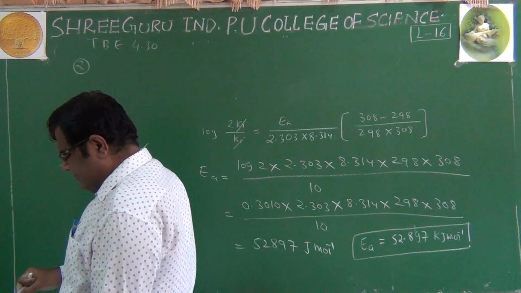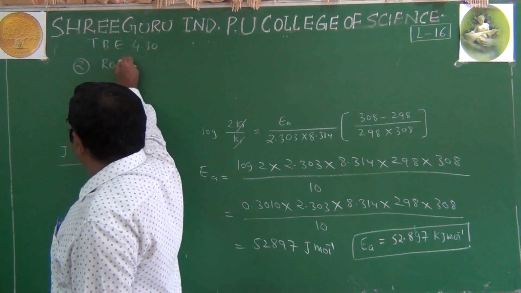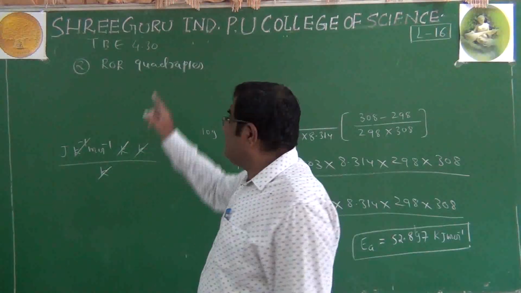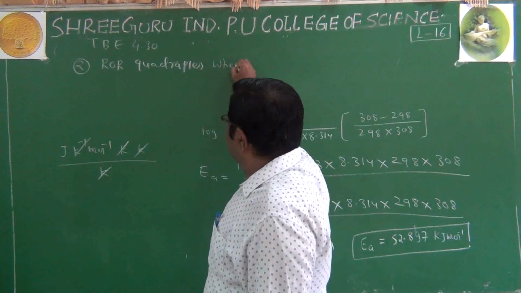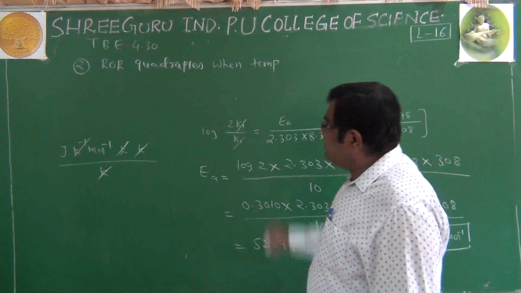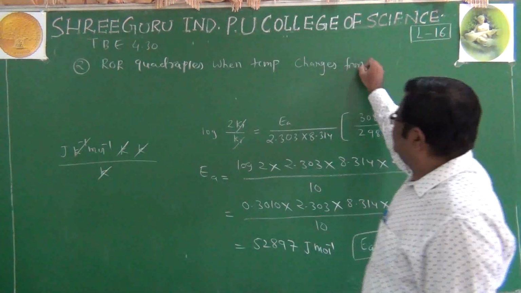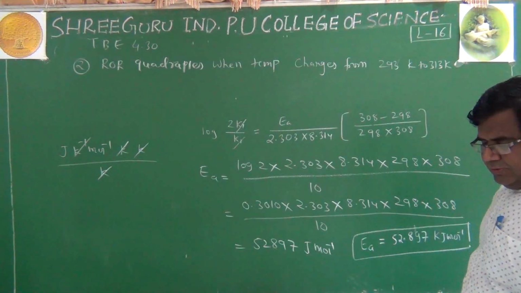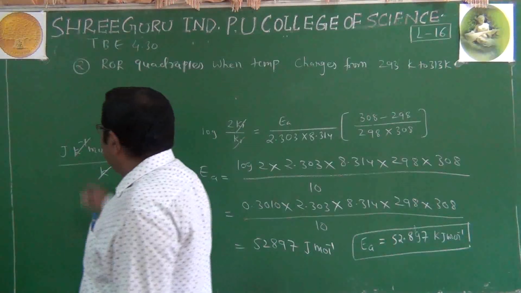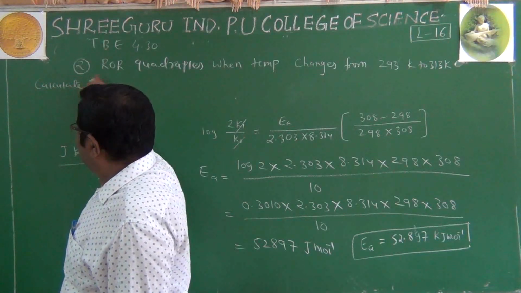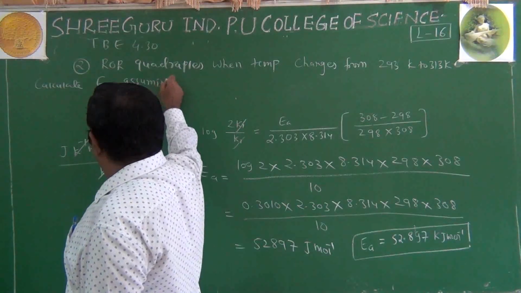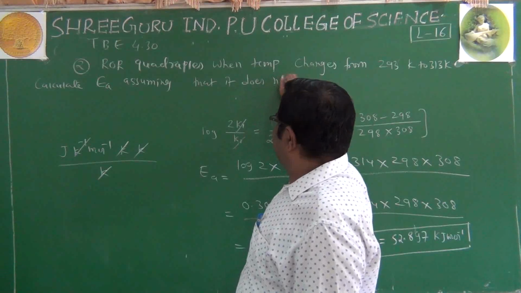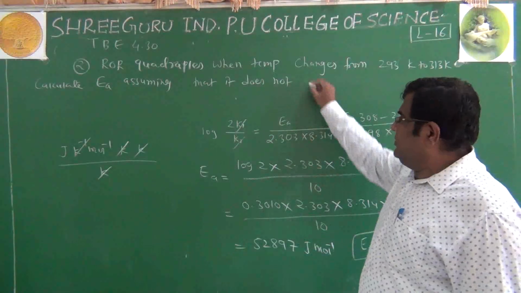The question is: the rate of reaction quadruples, means increases 4 times, quad means 4, when temperature changes from 293 K to 313 K. Calculate activation energy assuming that it does not change with temperature.